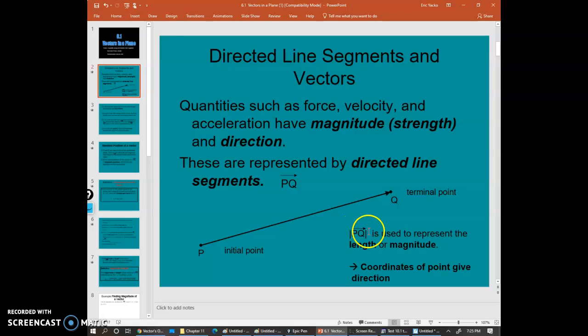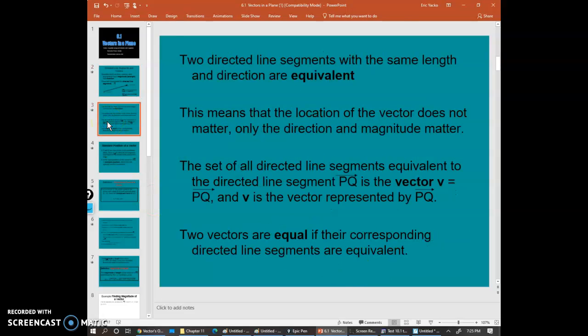You represent magnitude with absolute value here, and this little thing on the top denotes that it's a vector, not really a ray, but I guess you could think about it as a ray that actually ends. So not really related to geometry, but kind of. So, yes, and there is always a direction to vectors.